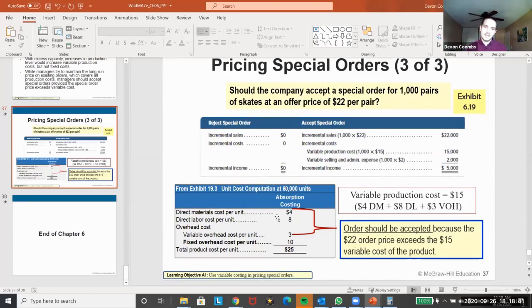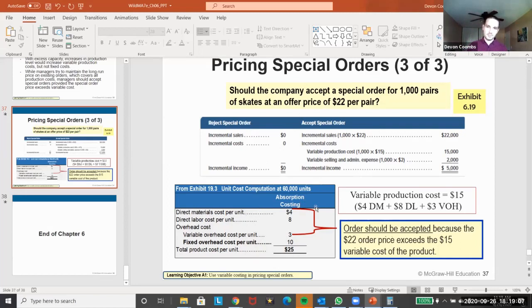And so we're saying here, all of our variable costs per unit are less than the price, so the price exceeds the variable cost per unit. And why contribution margin is so important is that generally, if contribution margin is positive, we would accept the special order if we can say that our variable costs will be less than our selling price.